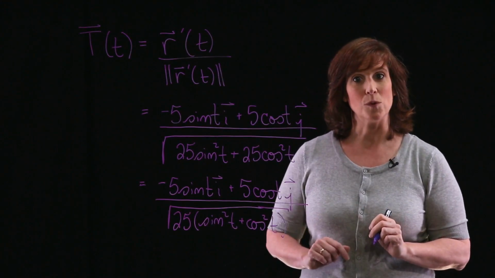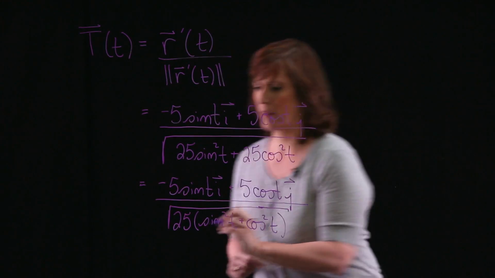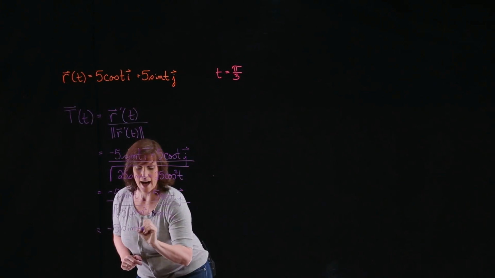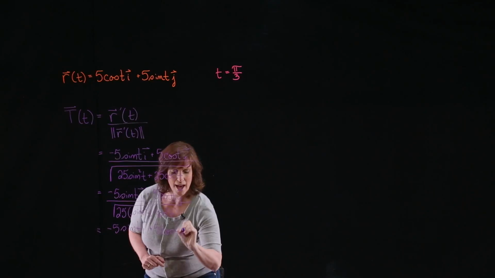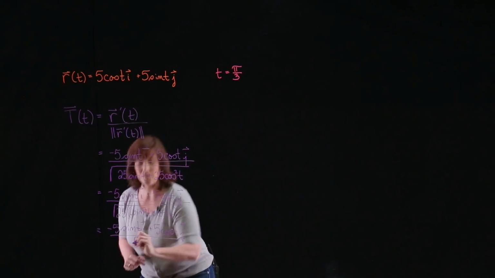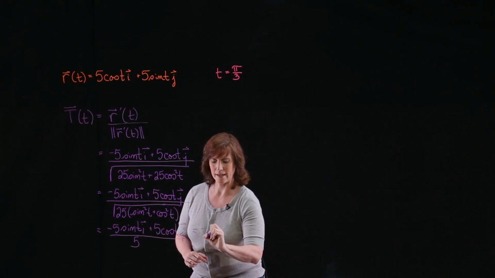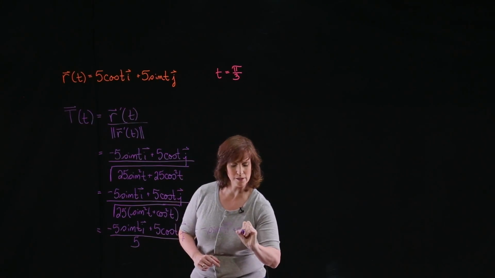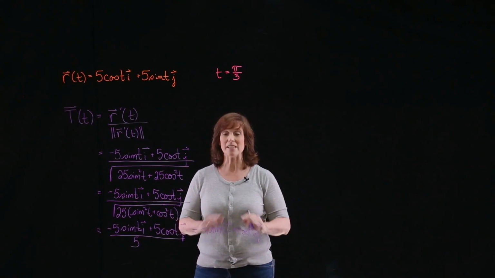Sine squared t plus cosine squared t is 1, and so that denominator becomes just the square root of 25. So I have minus 5 sine t i plus 5 cosine t j all over 5, which further reduces to minus sine t i plus cosine t times my vector j. So that's my unit tangent.